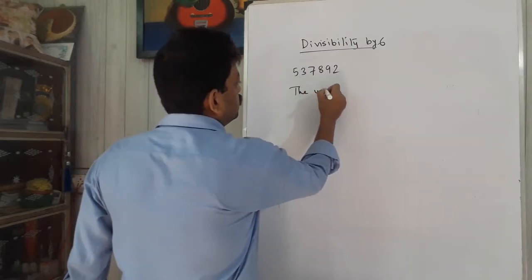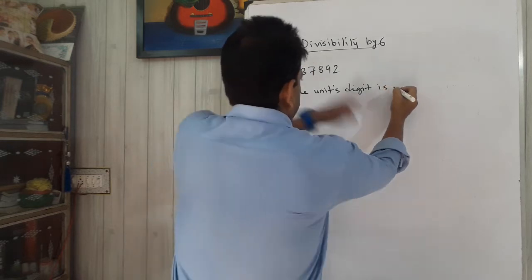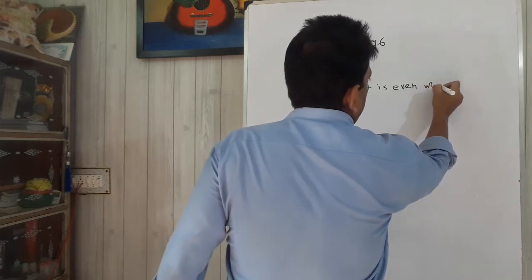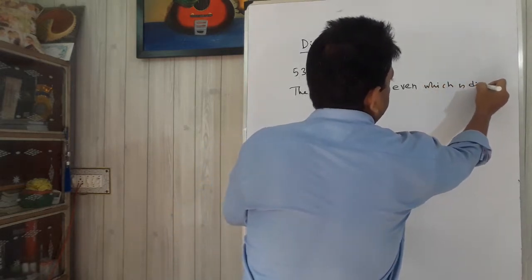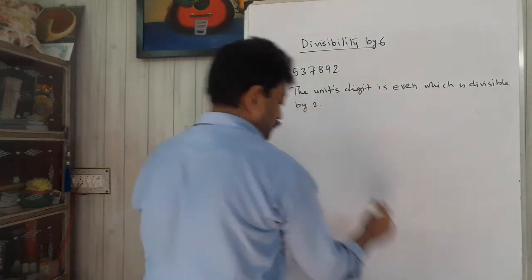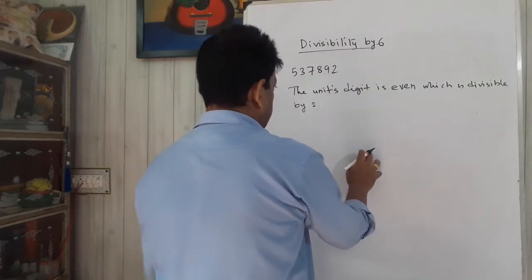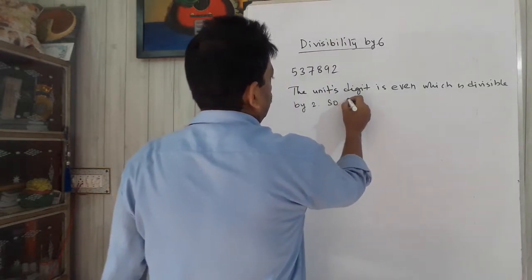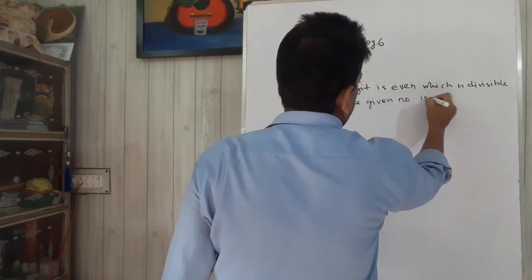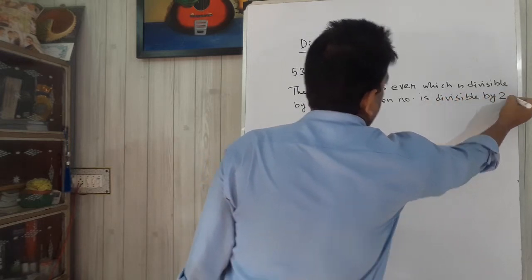The unit digit is even, which is divisible by 2. So the given number is divisible by 2.